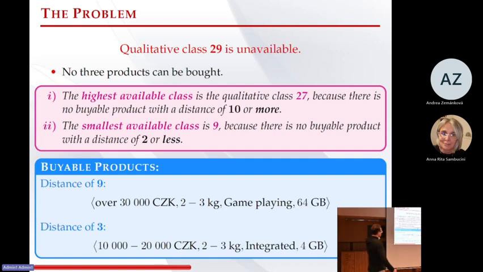So this is the smallest available class. That means there is no product with the total distance 10, and there is no product with the distance 2.